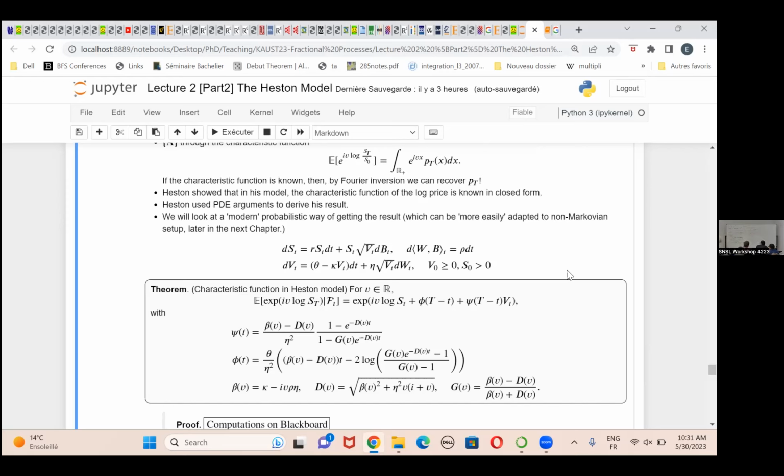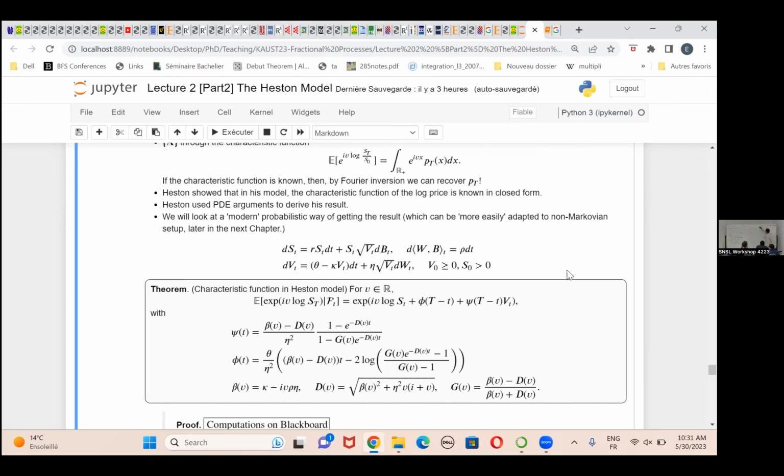So here I haven't written it in terms of log s, but let's take r equals 0. So d log S_t, it's minus 1/2 v, again by Ito if you want, plus square root of v_t dB_t, and you have a correlation between v and w, which is given by rho.